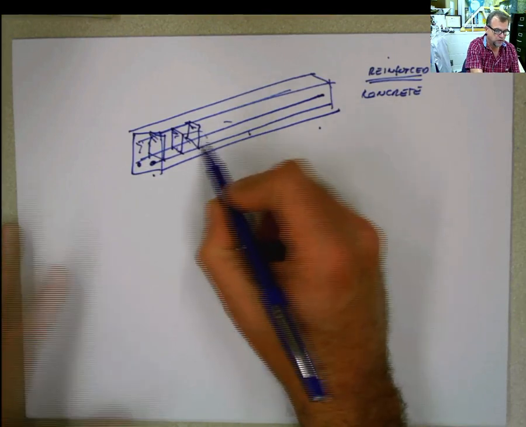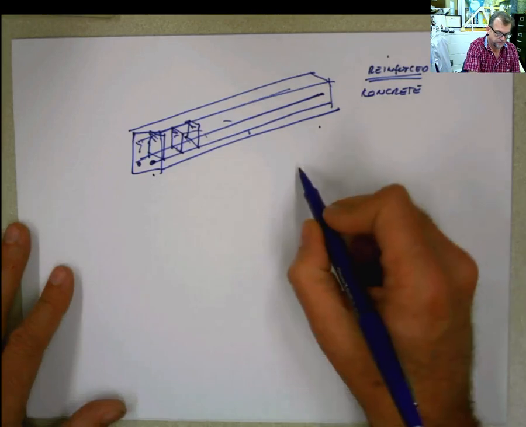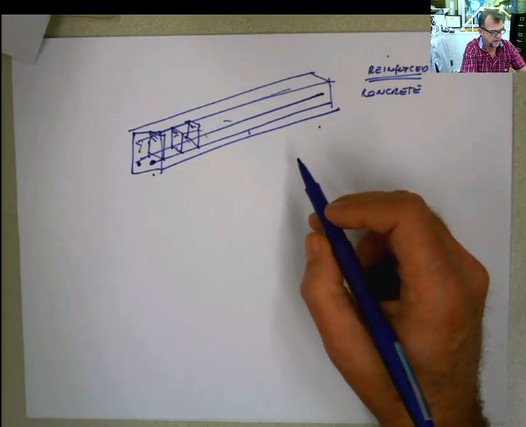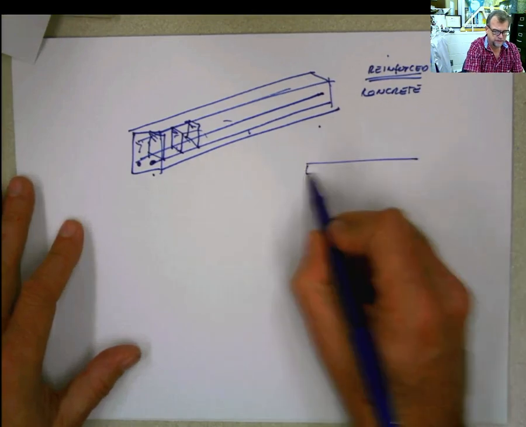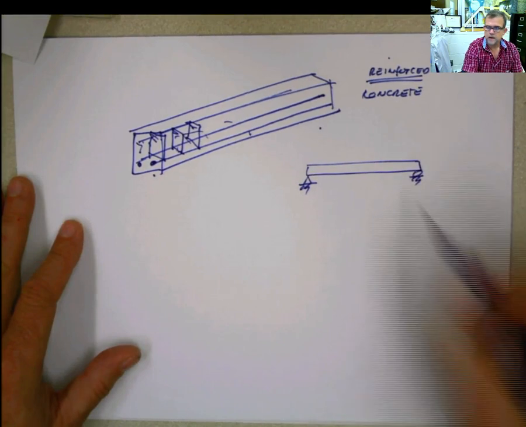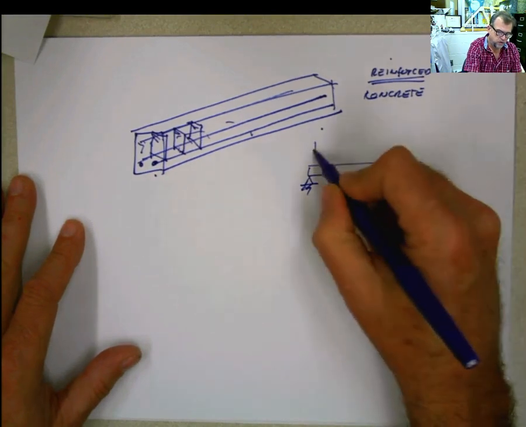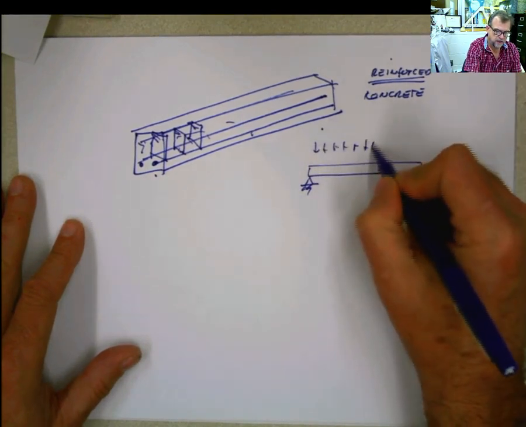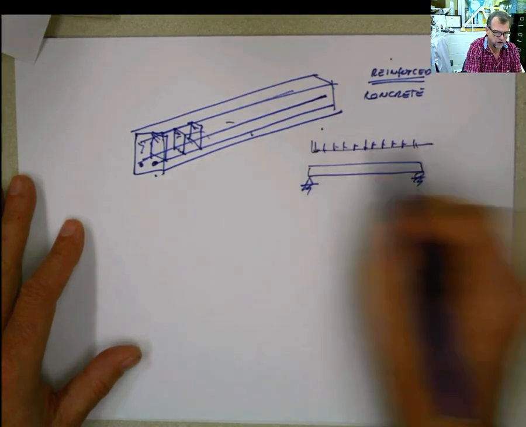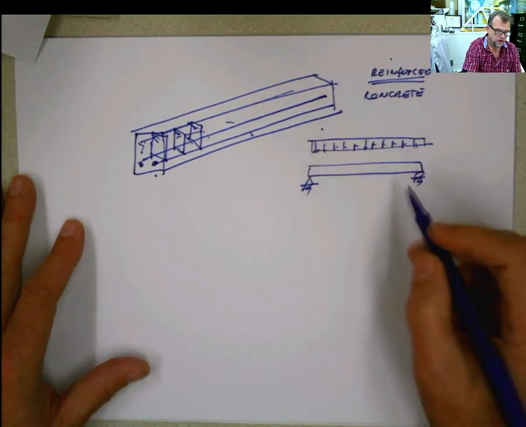And why I'm talking about this: whenever you have, for example, any beam, and that beam is subject to a vertical load like that, or a perpendicular load, it could be a distributed load or a concentrated load, it doesn't matter.